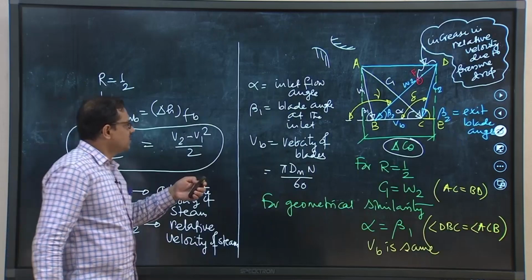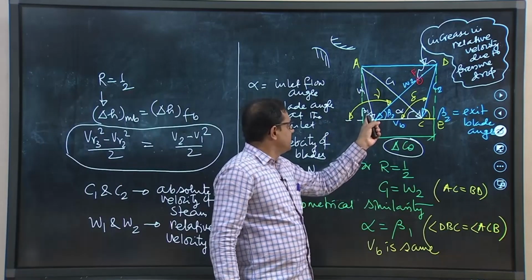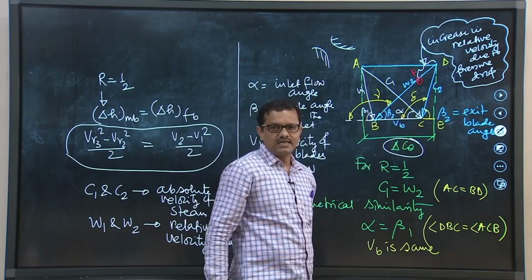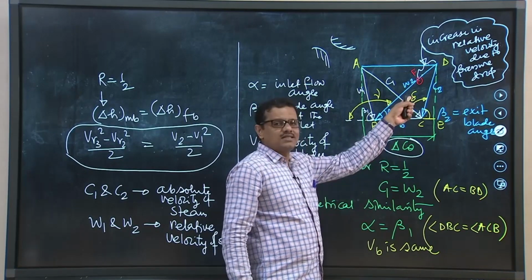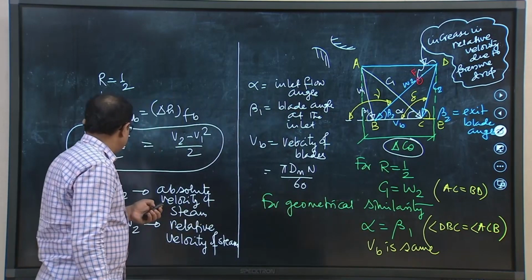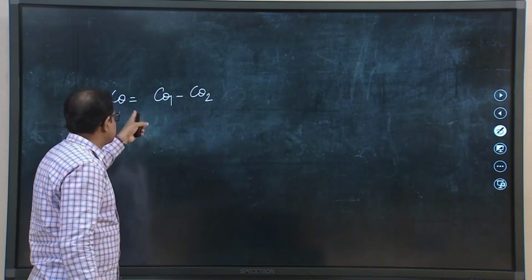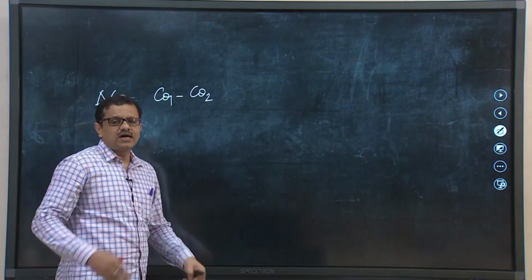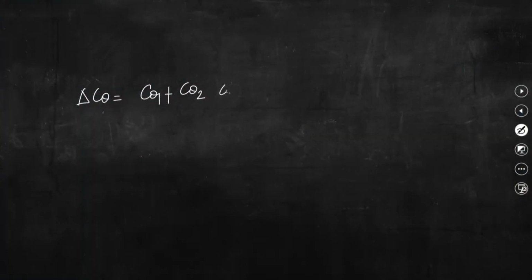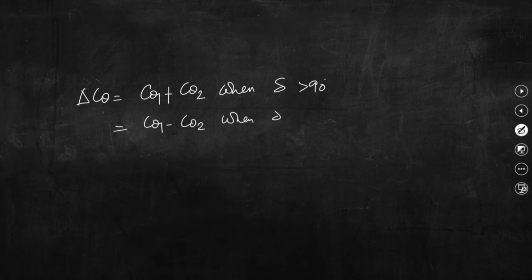Now, see, if we measure the angles in the clockwise direction, then delta is greater than 90 degree, that we can see. So, when delta is greater than 90 degree, then to get this change in swirl velocity delta C theta, these two components are added together. So, basically it should be plus when delta is greater than 90 degree, and it should be minus when delta is less than 90 degree.